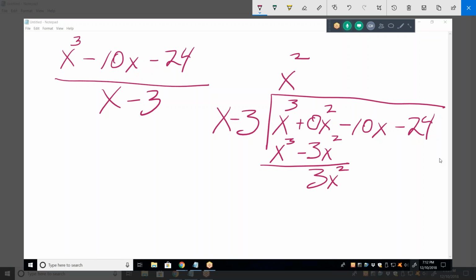Next step is always to bring down the next term. Now repeat. In other words, once you've done that first step, everything else is exactly the same. You're going to divide x into 3x squared. What do you get? 3x. Plus 3x. I do need the plus sign. That answer is part of a polynomial. If I don't put a plus there, it would mean x squared times 3x.